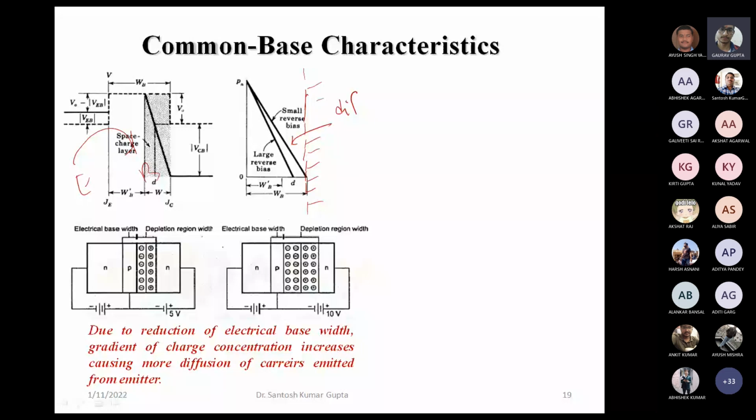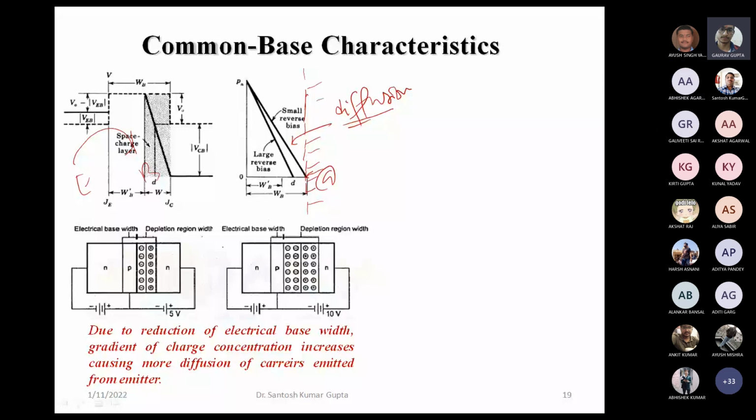The minority charge carriers diffuse through the base region and eventually reach the collector. We have already seen that at the collector, the concentration of these minority charge carriers goes down to zero because all carriers are swept across the depletion region and collected by the collector.